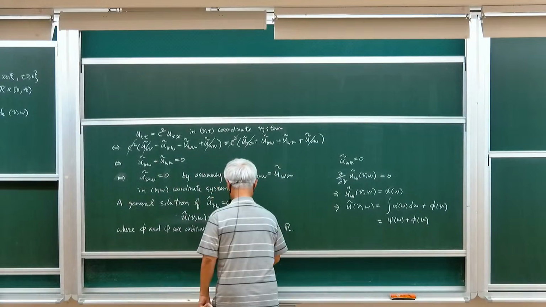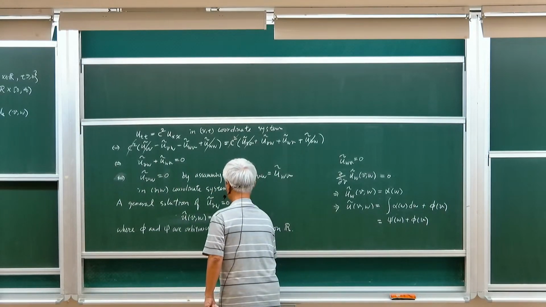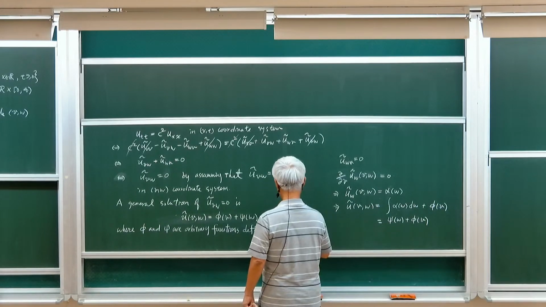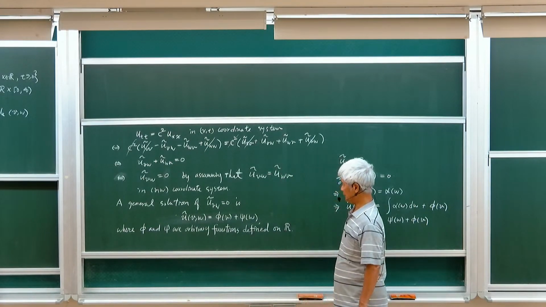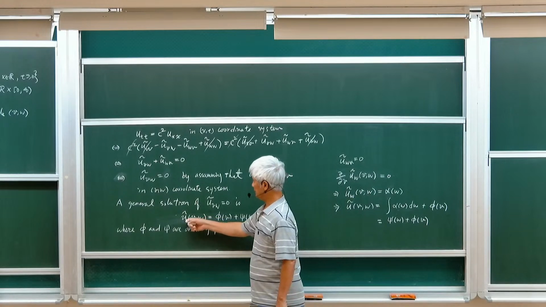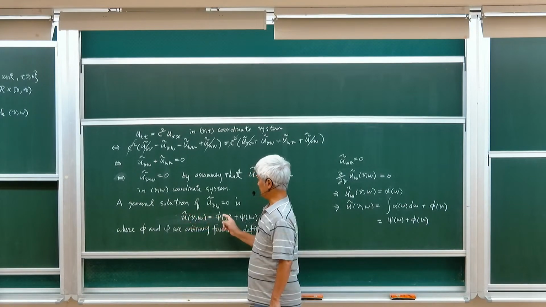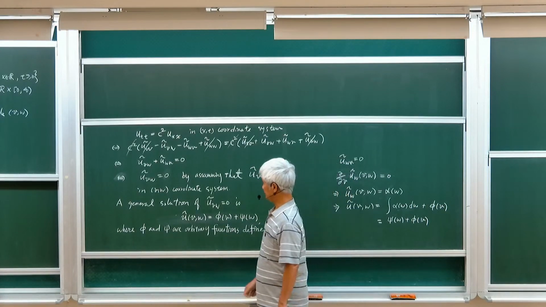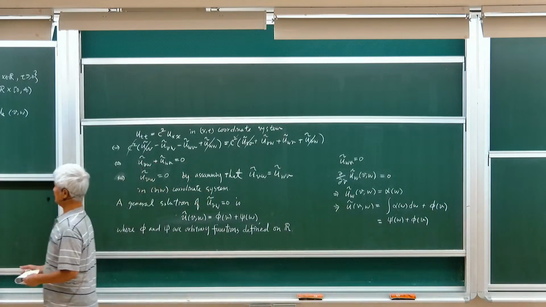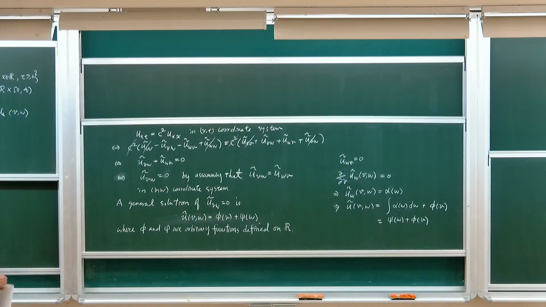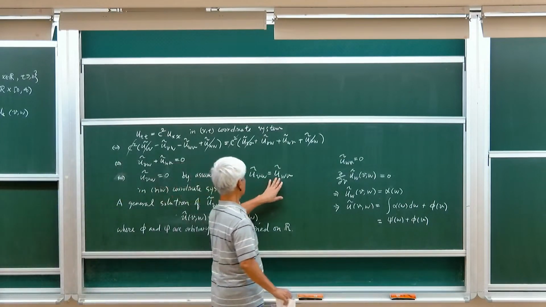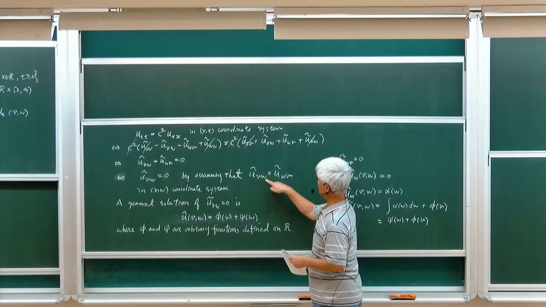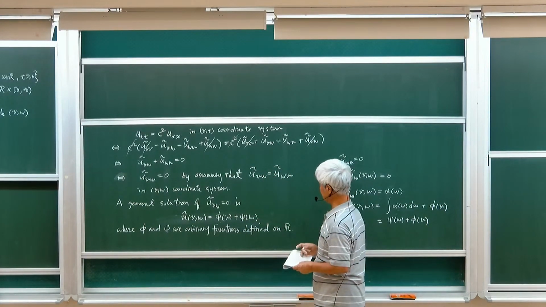Such that, and there are some requirements. For example, we want the u tilde to be continuous. For example, we have continuous mixed partial derivatives, so we have this identity.